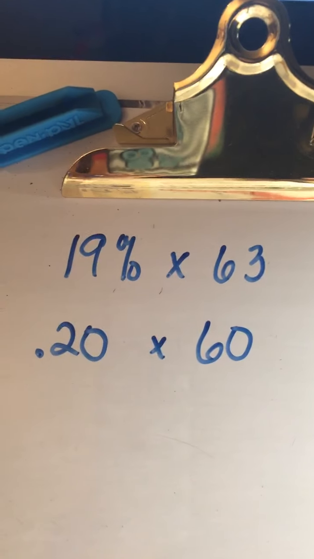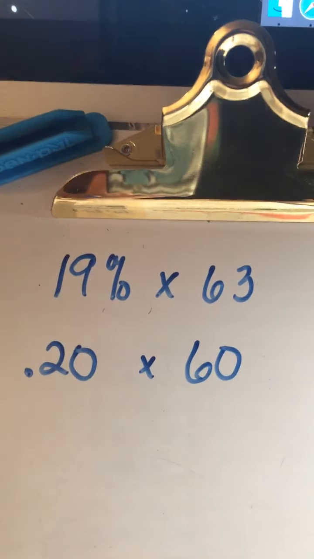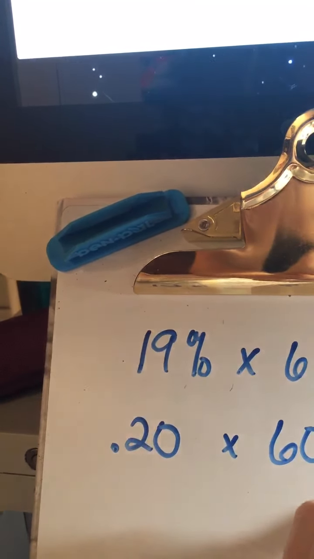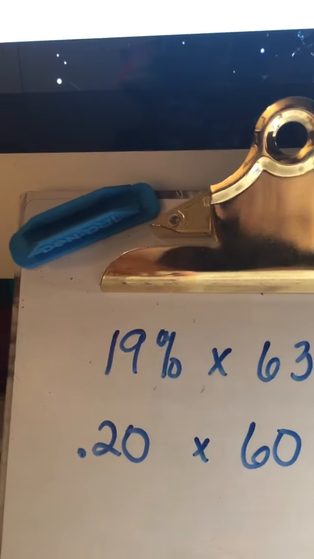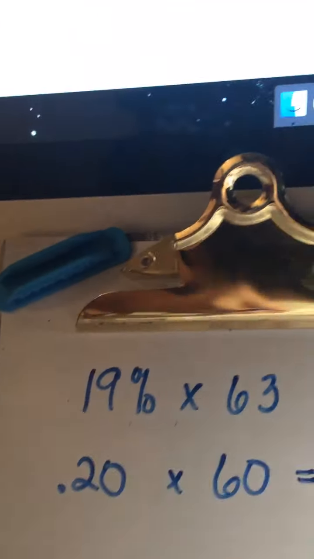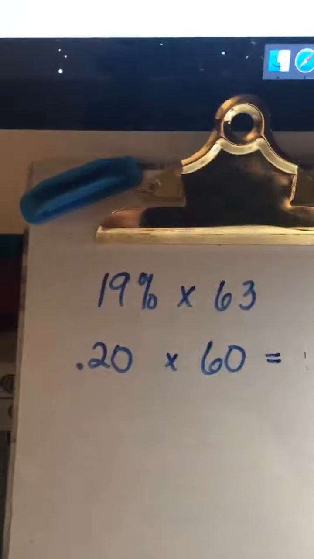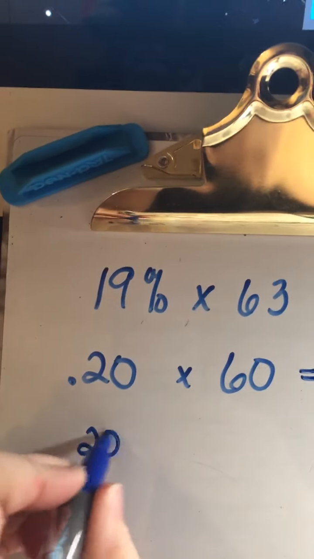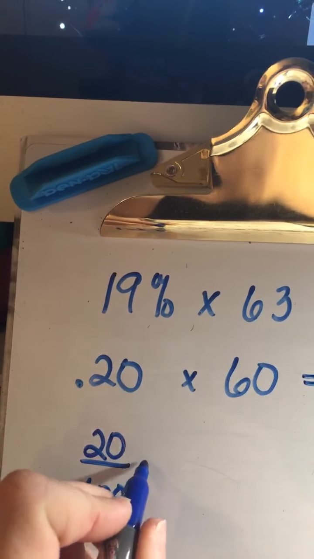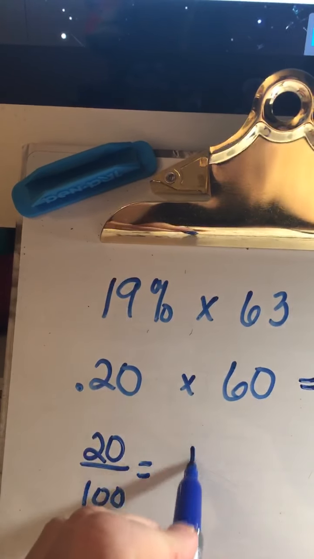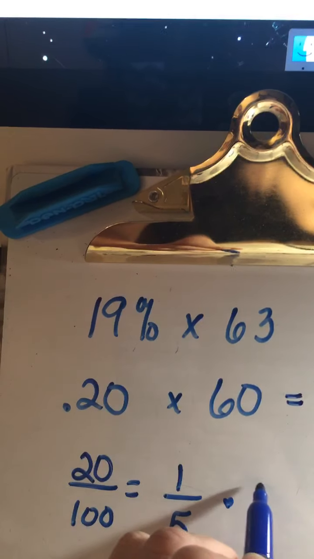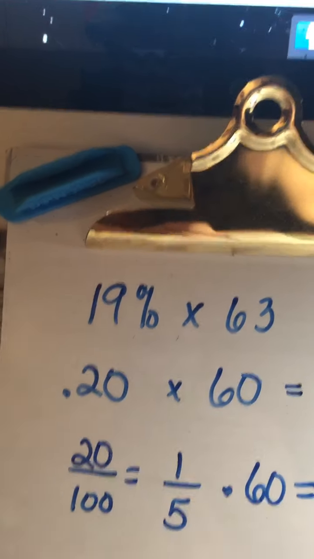I already think I know what it is. All right. I'm not going to show you the answer. So you can do it this way, or you could do 20 over 100 and reduce that to 1/5 times 60 equals.